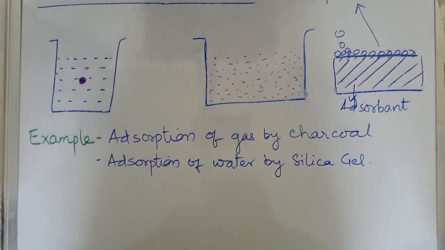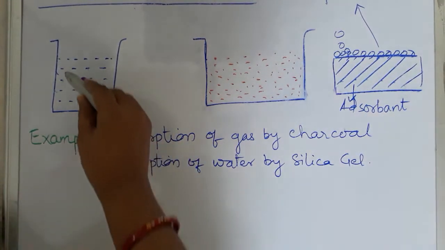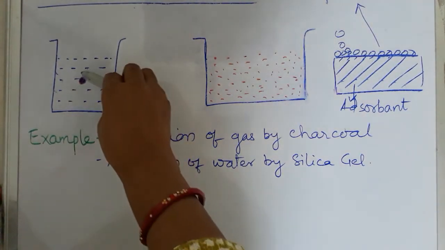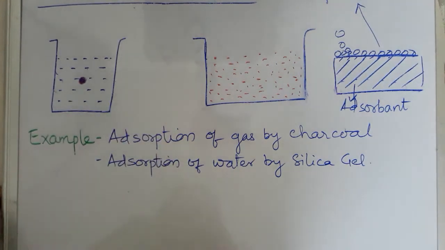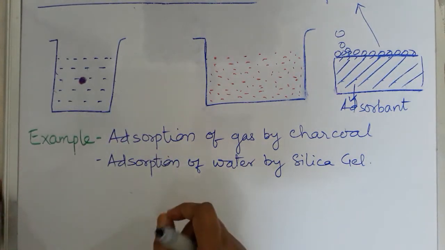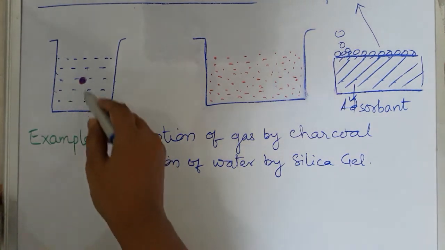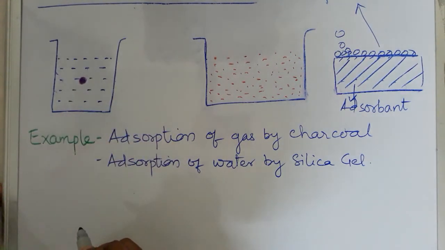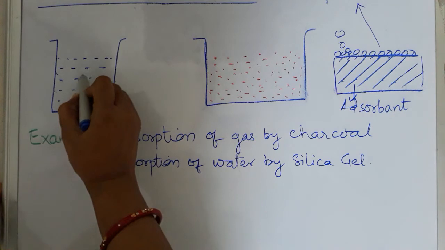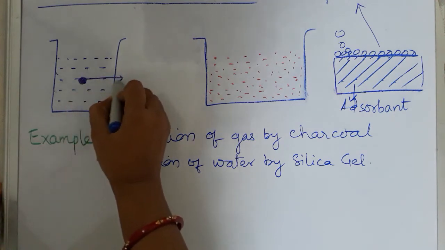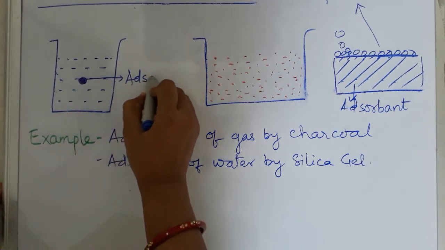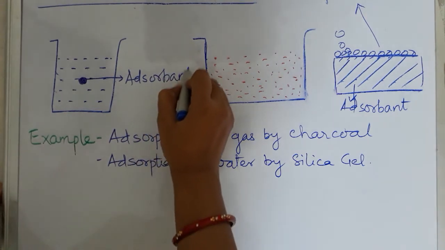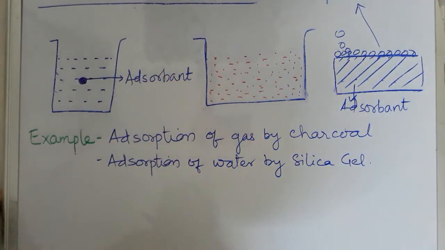Let us take an example to understand the phenomenon of adsorption. As you are seeing, this is a beaker, and in this beaker, say I have put some ink. As you know, ink has some colored dyes dissolved in water. If a charcoal piece is put in that ink, it acts as the adsorbent.